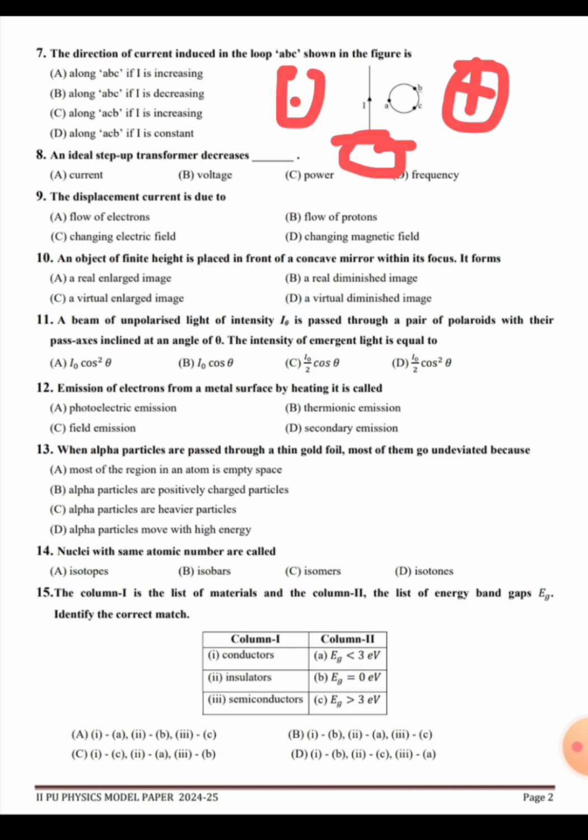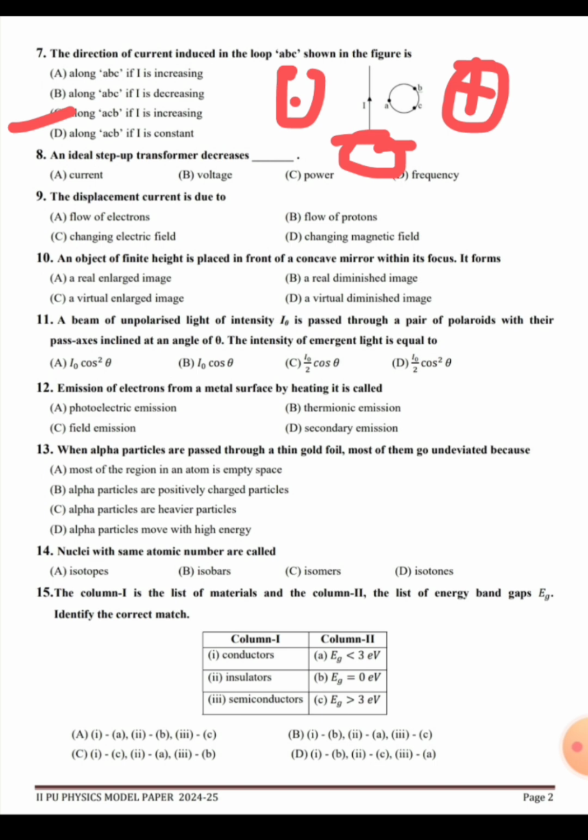As current increases, magnetic flux passing through this loop increases, and hence current as well as EMF is induced in this loop. The induced current always opposes the cause that produced it, according to Lenz's law. So what is the direction of current induced? It is ACB, same as the direction of magnetic field, option C.